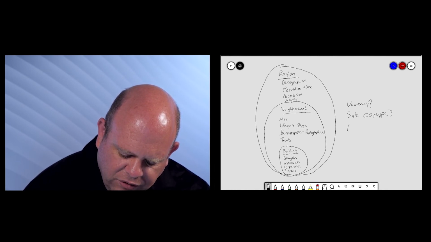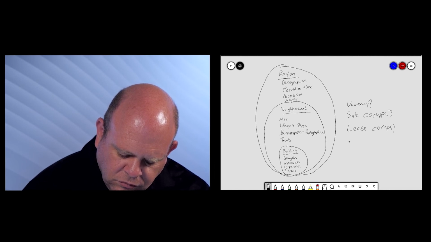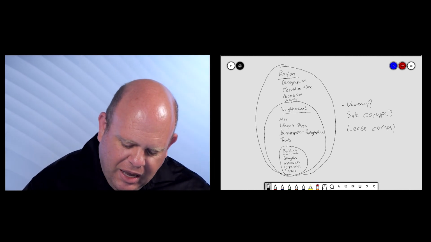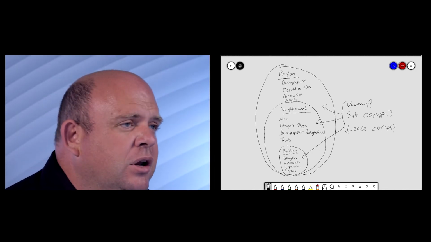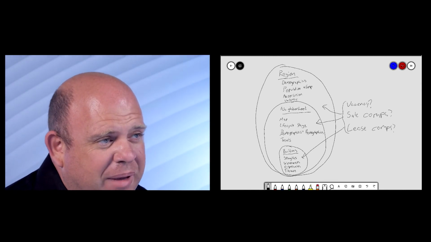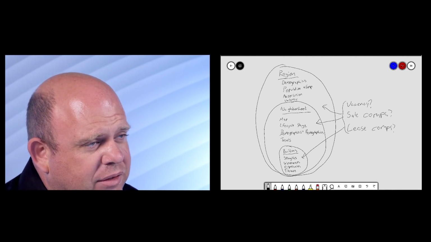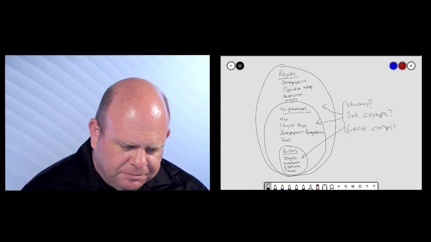What are the lease comps? How are those demographics set and how are they changing? And these go to all three of these areas. I want to know those for each of those. And I want to know those because I want to have that baseline that I can measure against again, and I can talk to my clients about it, and I can also manage my property much better based on it.